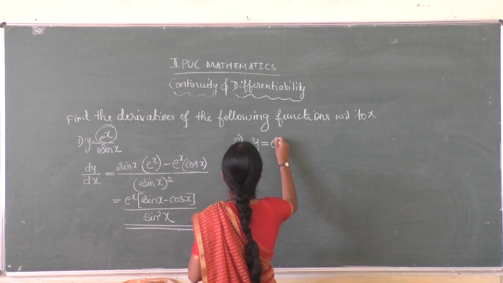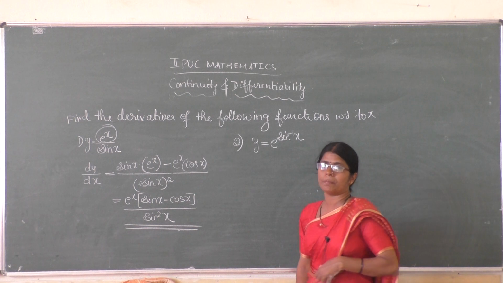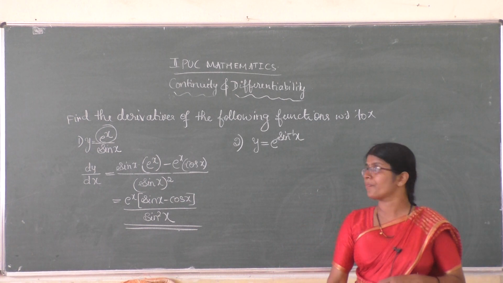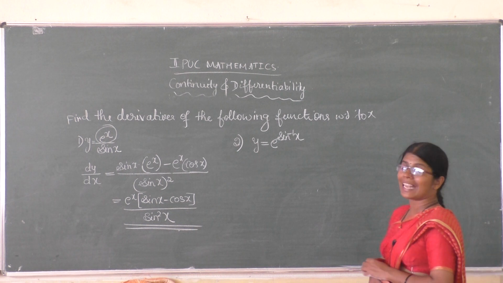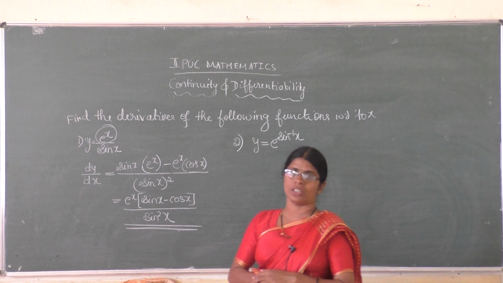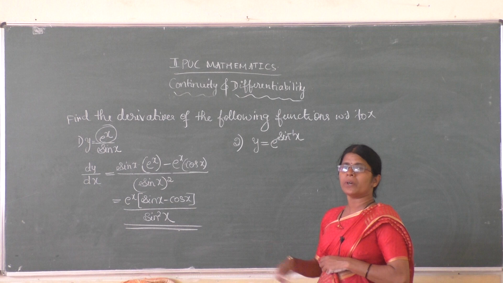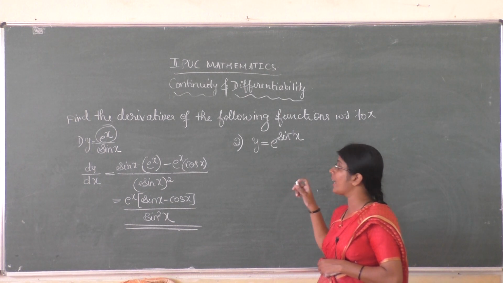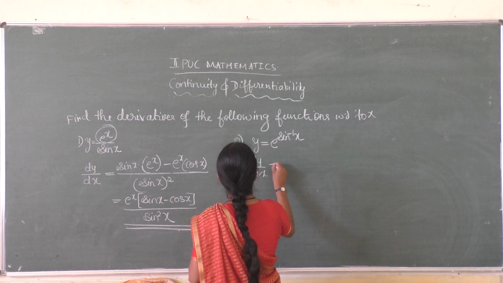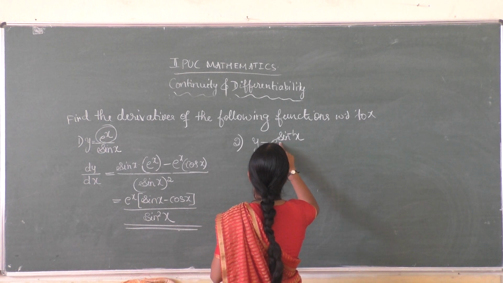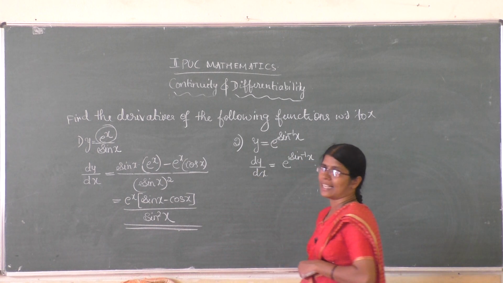Y equal to exponential sine inverse of x, or e to the power sine inverse x. So now this is an exponential function which involves an inverse trigonometric function, two functions. Here this is nothing but composition of functions. So what do you have to do? Apply chain rule, that is dy by dx is equal to derivative of e to the power sine inverse x, e to the power sine inverse x itself, okay.